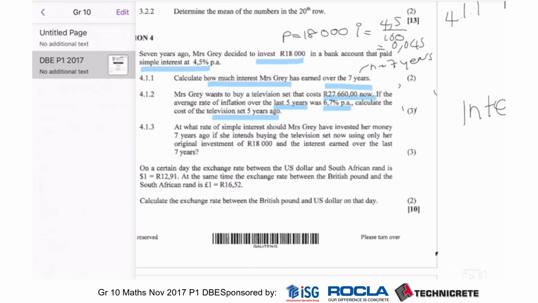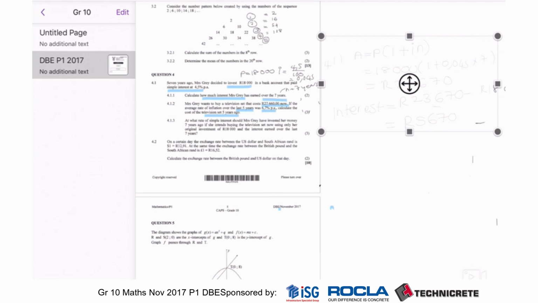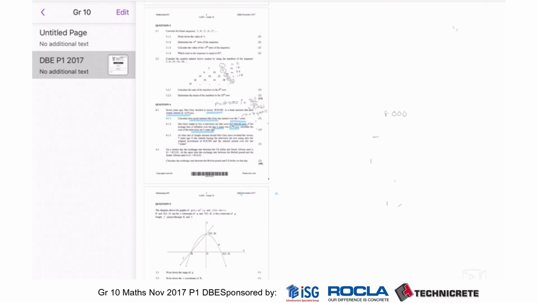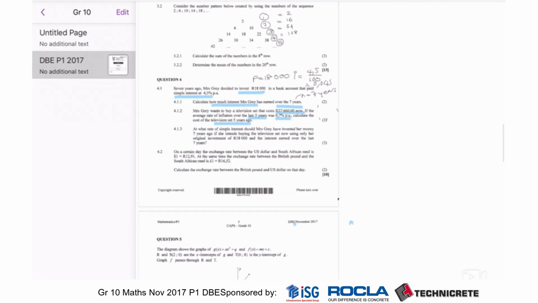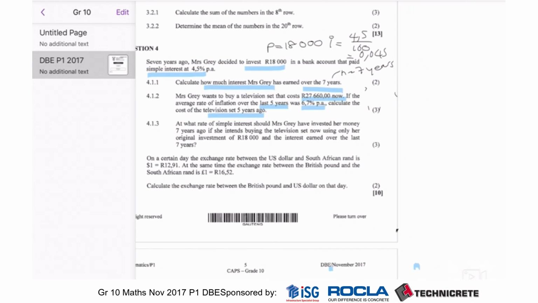Okay, so for inflation, you need to know what formula you use. Use the compound interest formula for inflation. Students often confuse what is the final and what is the initial value for questions like this. If they are telling me that this television set costs 27,660 now, and they want the value of it 5 years ago, that means this 27,660 is the final value, the future value.